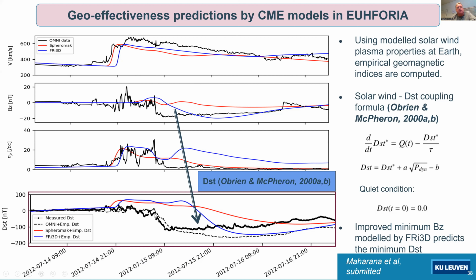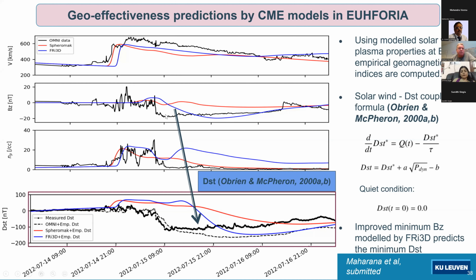And so here you see the normal run of this Dst model from O'Brien and McPherron when you use actual measurements. But this is just a nowcast 2 hours beforehand. While if you use the simulated CME data, in blue, with the FRi3D, you get the right Dst index, which is very small, almost minus 200.